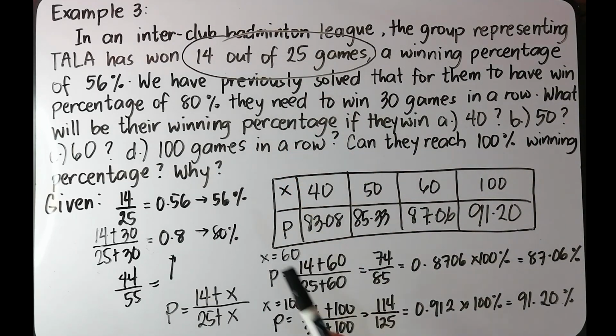That is why they will not reach 100% winning percentage. They can just approach approximately 99% but it does not become 100%. That's it for solving problems in rational functions.